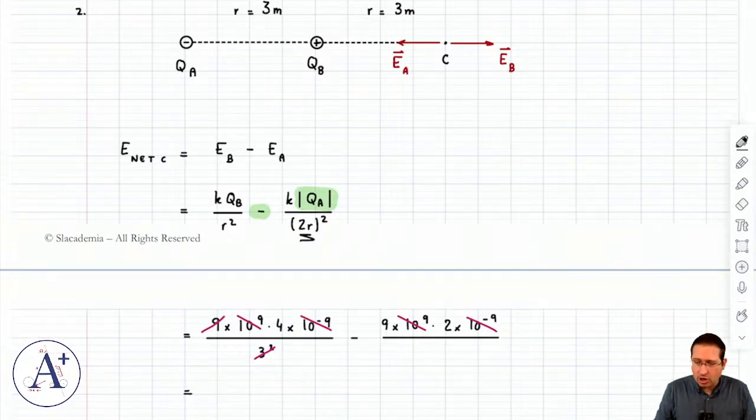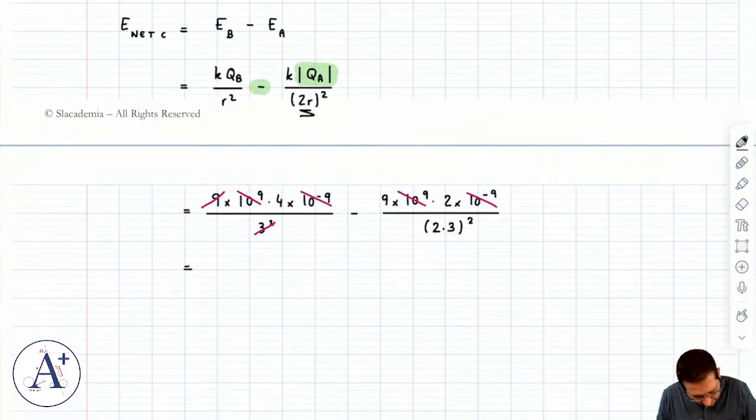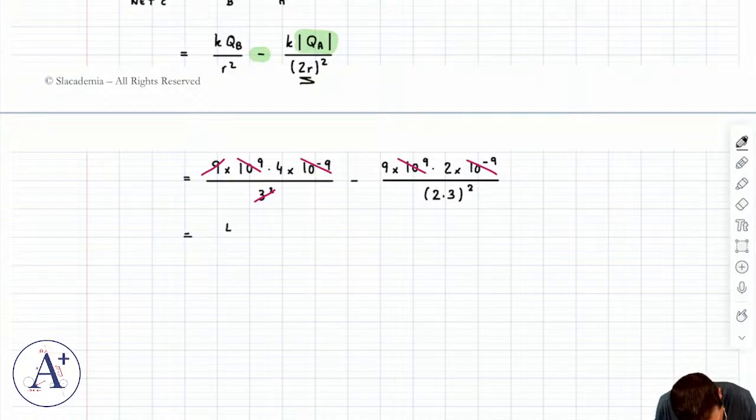Okay, 2R, or call it RA, RB, do whatever you want, but the point is this should be 9. It should be 2 times 3 squared. Let's write it like that. So this is going to be 4 minus, well, 2 times 9 is 18, and 6 squared is 36.